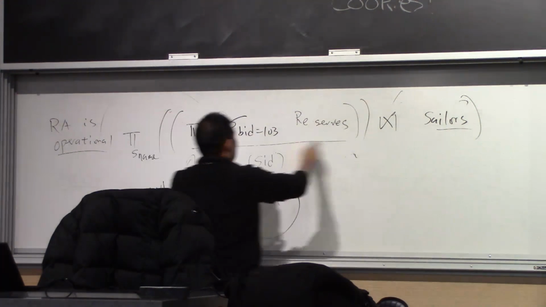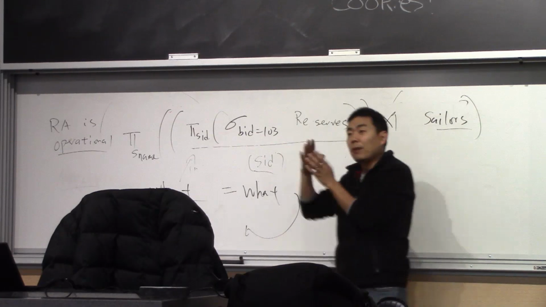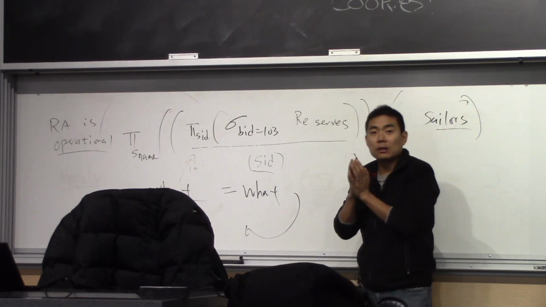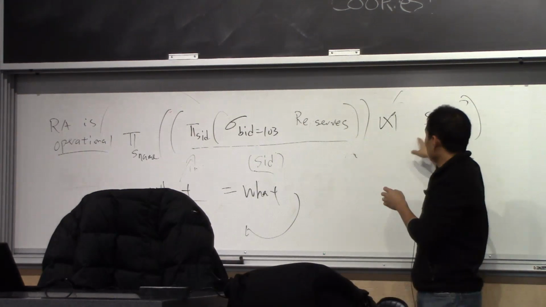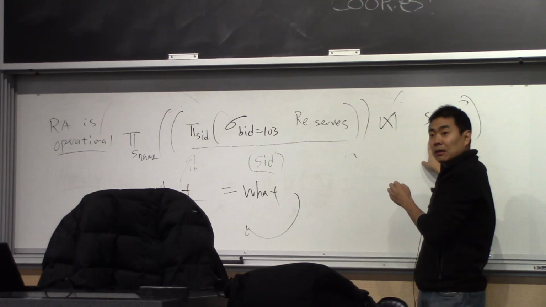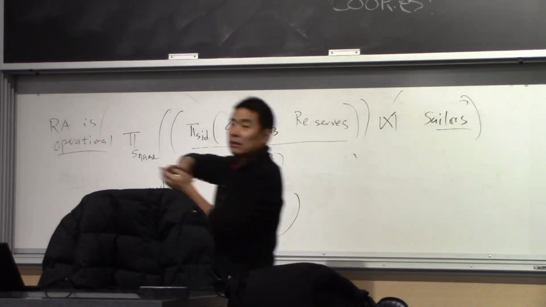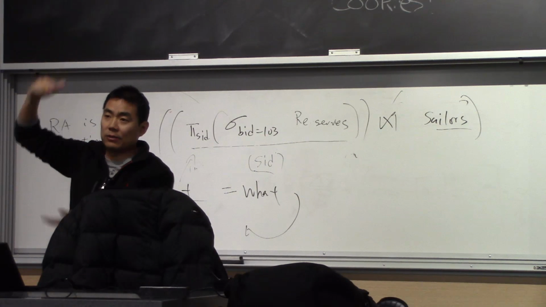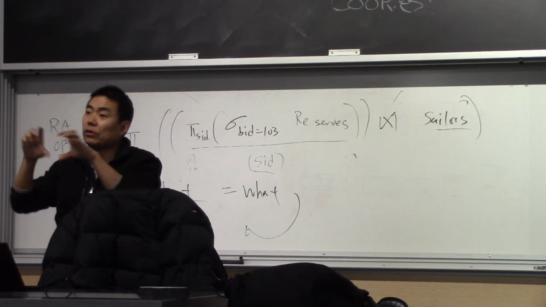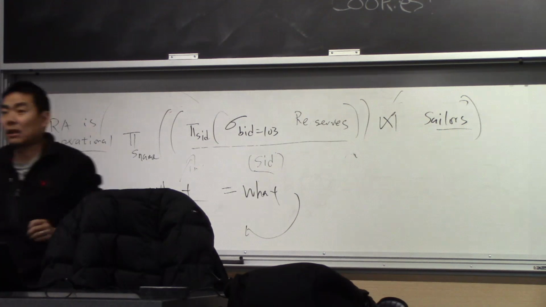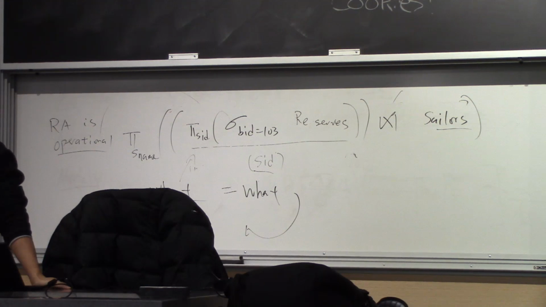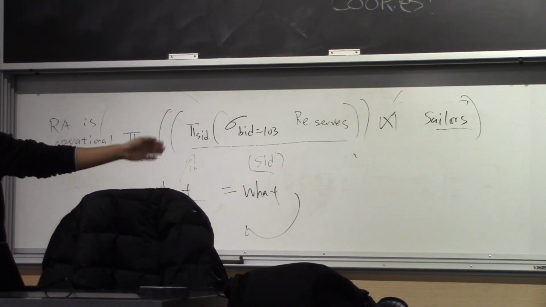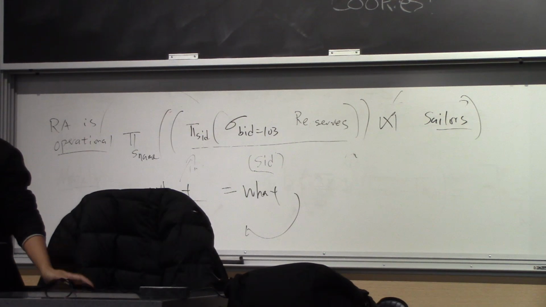So at the end of it, this leads to a very small instance to be natural joined with sailors. That obviously is much more efficient than taking a huge reserve table and natural joining with sailors, and then only doing the selection afterwards. Right? So clearly, the second approach is much more efficient.